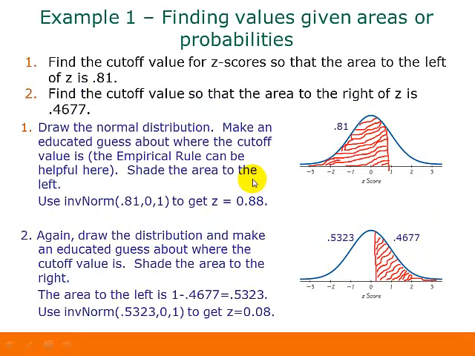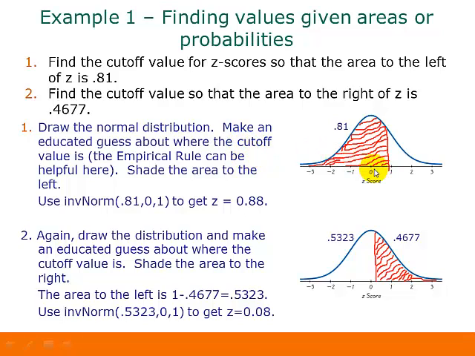Here are some examples. First, we'll find the cutoff value for z-scores so that the area to the left of z is 0.81. So again, we're going to draw our normal distribution first, and this time we have to make an educated guess about where our cutoff value is. And you can think about the empirical rule when you're doing this.